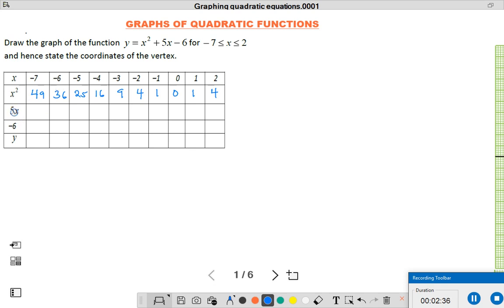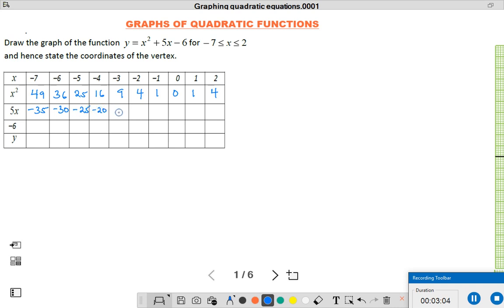Now what about 5x? We are going to find 5 times x. Now our x is negative 7 up to 2. So we are going to fill this space here. These spaces must be filled. So 5x means 5 times negative 7, which is negative 35. This is negative 30. This is negative 25. This is negative 20.